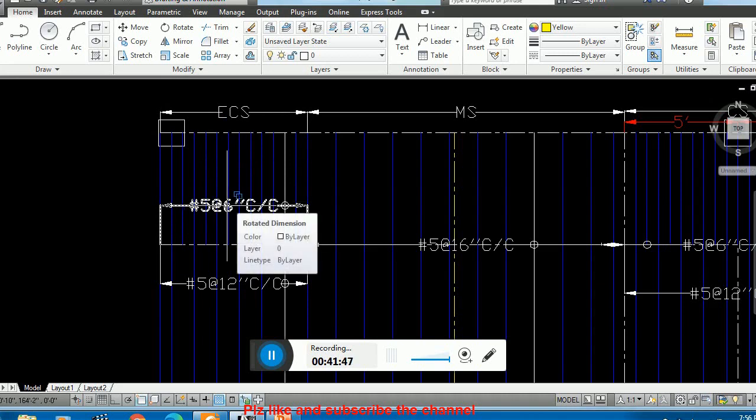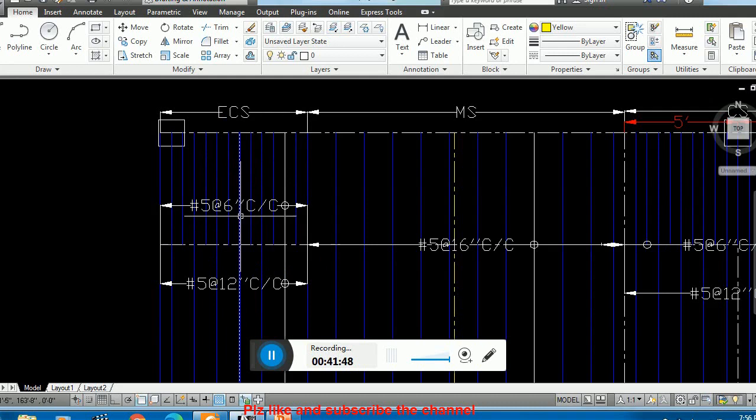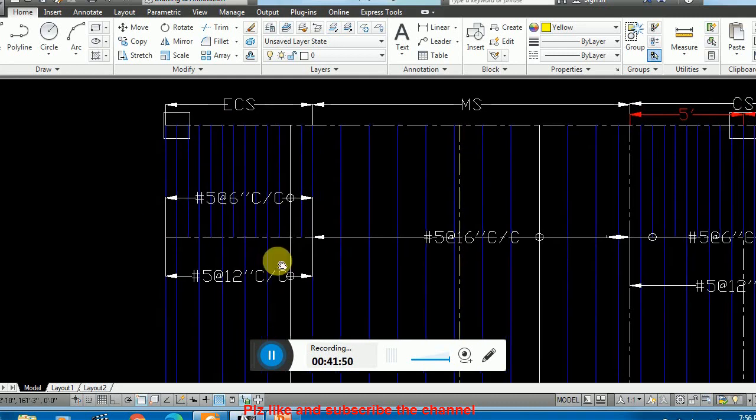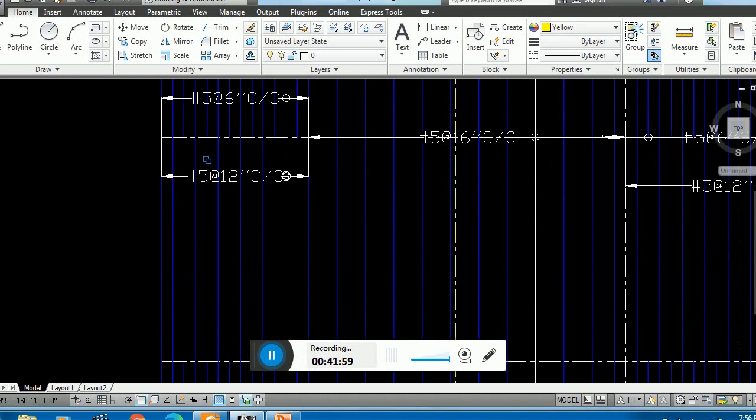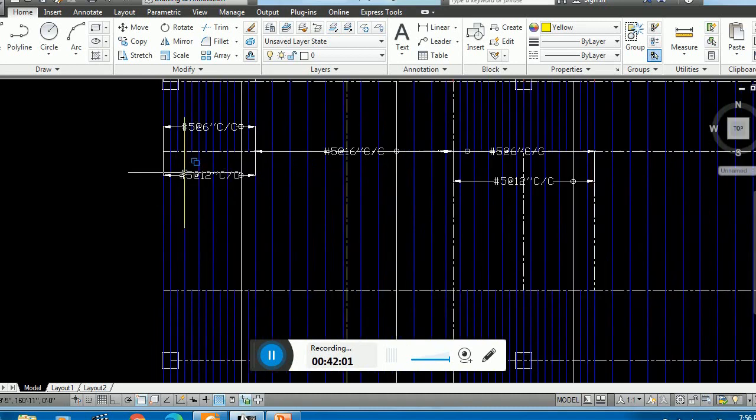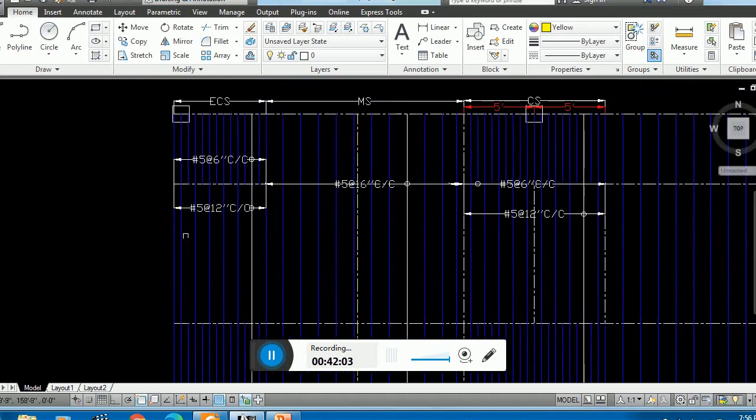But if you are using number 5 at the rate of 8 inch, then this steel in the middle strip of the east-west direction, let me show you. Although these bars' length should be from this point to this point, this is the column strip, but in the middle strip, the bars which are placed here are number 5 at the rate of 12 inch.